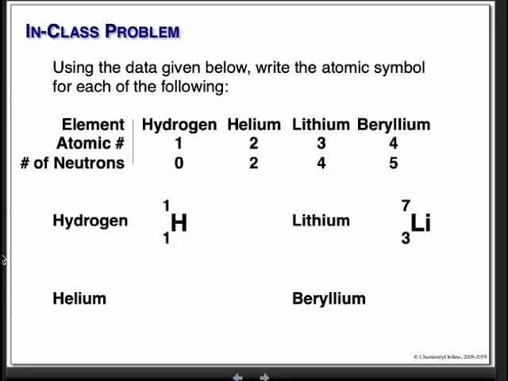Let's do helium. Atomic number of 2, so 2 protons. Typically, we'll have 2 neutrons as well. And the symbol is He. So it's going to be He with a superscript of 4 and a subscript of 2.